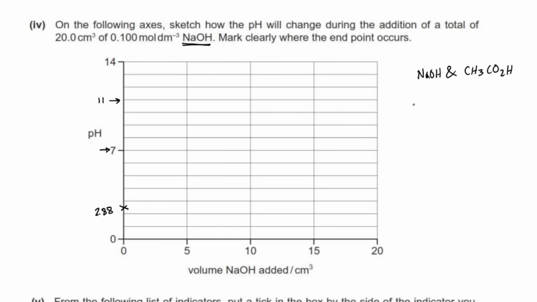So to find the volume, we can write volume equals moles of NaOH during titration divided by concentration of the solution.